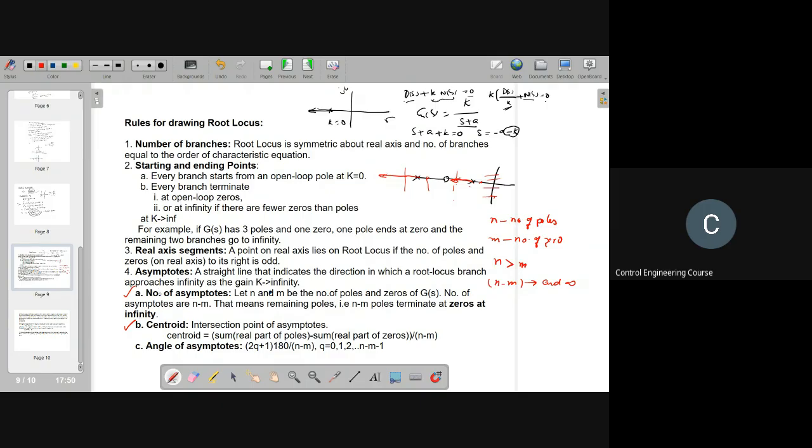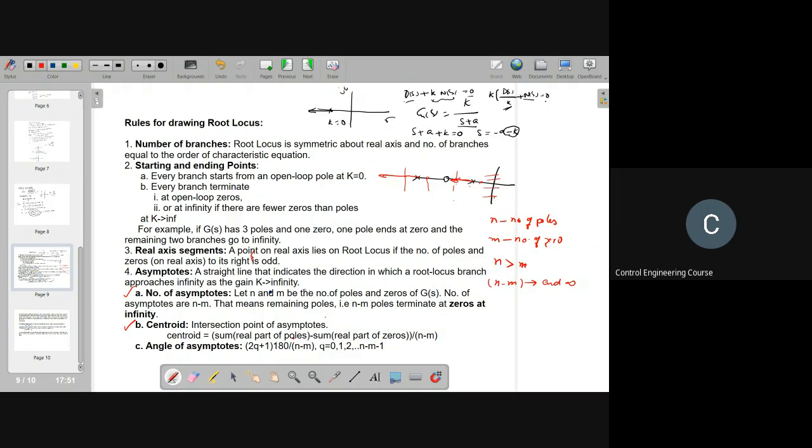It is equal to the sum of real parts of poles minus the sum of real parts of zeros, divided by n minus m. Then the angle of asymptotes: the formula is (2q plus 1) into 180 degrees divided by n minus m, where q changes from 0, 1, up to n minus m minus 1.